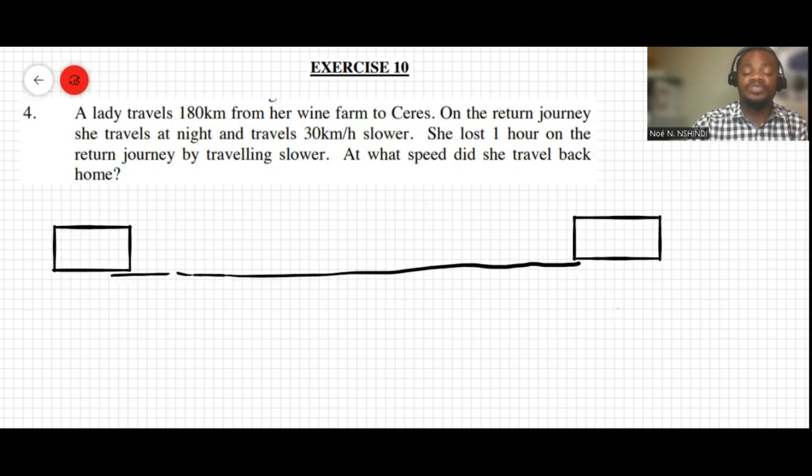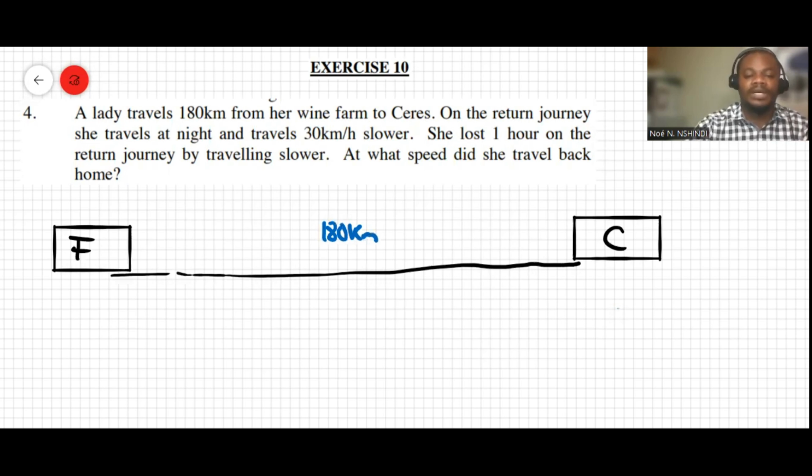It says a lady travels 180 kilometers from a farm. So let's say a farm here, and then Ceres is there, and the distance here is 180 kilometers. Okay.